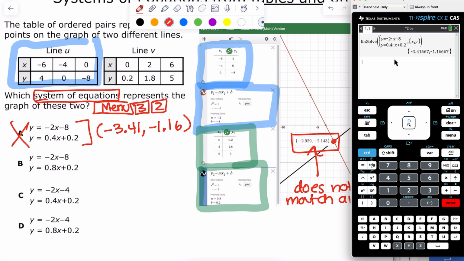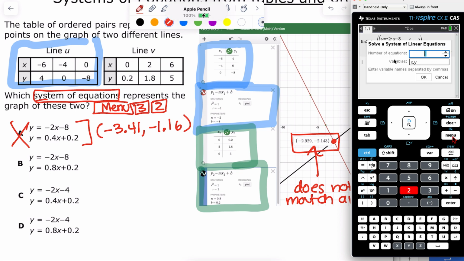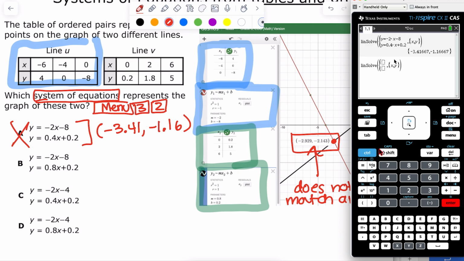Now I'm going to try B. Same thing, menu 3, 2, enter. I have y equals negative 2x minus 8 and y equals 0.88x plus 0.2, enter, and that gives me negative 2.92 comma negative 2.14.